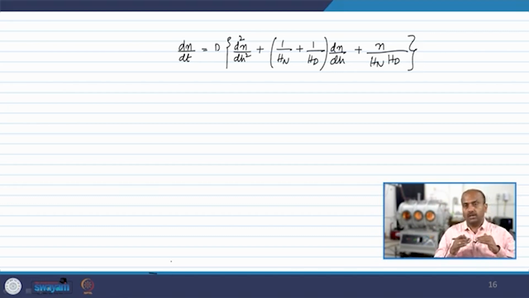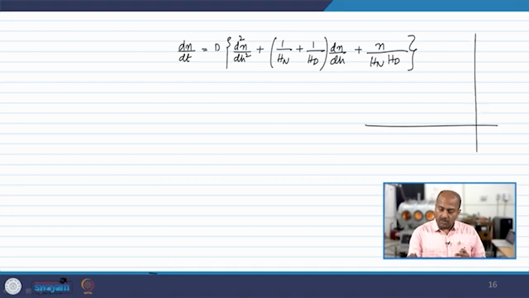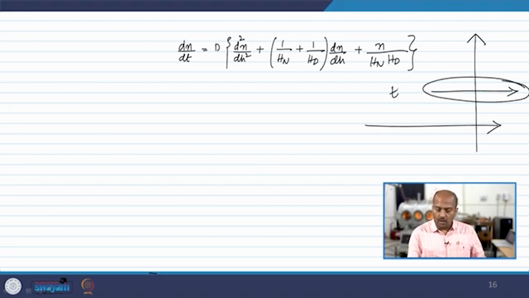We cannot take both things together, things changing with respect to time and with respect to height; it is not possible. So, what you can do is fix a particular height, vary the time, and find out how dn/dt changes.